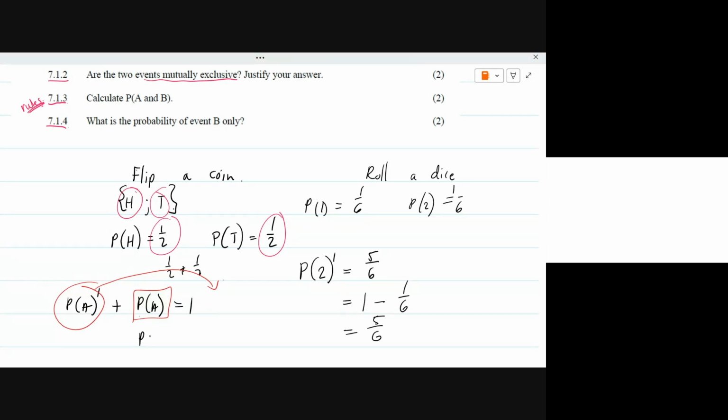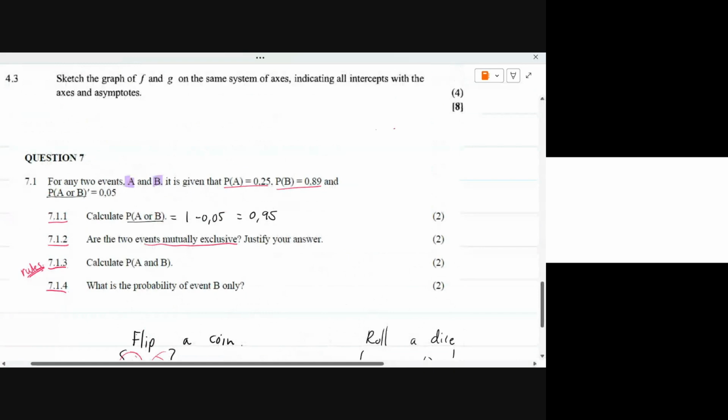That would mean that the probability of A is just 1 minus the probability of A not. Does that make sense, Kanya? Excellent. So when they tell us that they've given us the probability of A or B not, the way we find the probability of A or B is to take the 1, that is all of the outcomes together, minus the one that we have. Okay, and that's how it works.